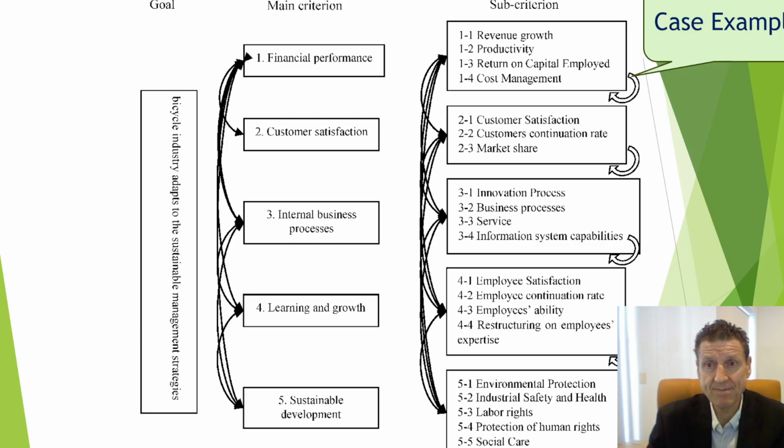And so an example for this case, I did say we're going to talk about case, but I think we just have time for this case on the balanced scorecard. And that is where this company not just has a typical balanced scorecard, and the typical one is financial performance, customer satisfaction, internal process, and learning and growth.